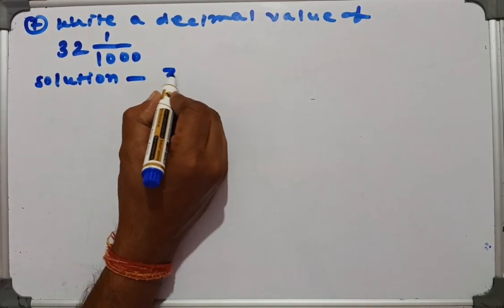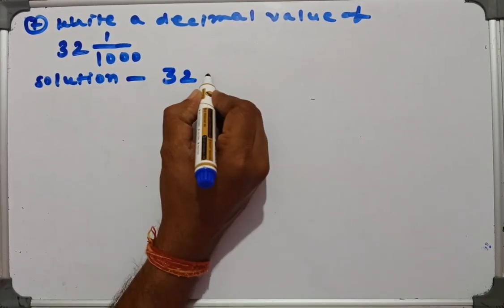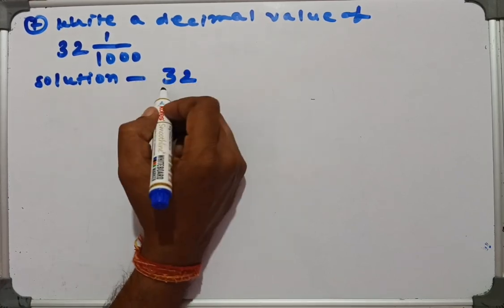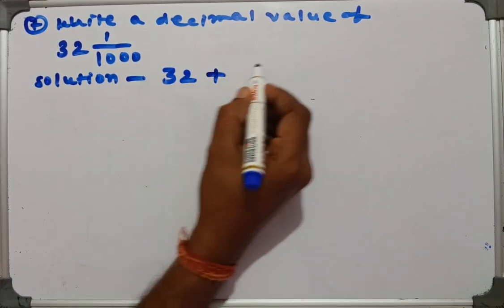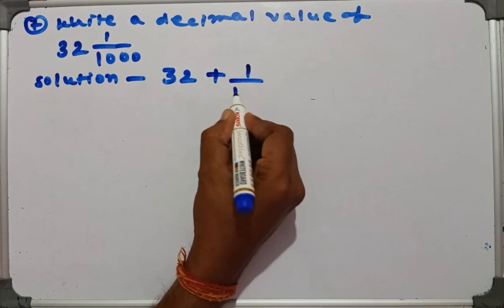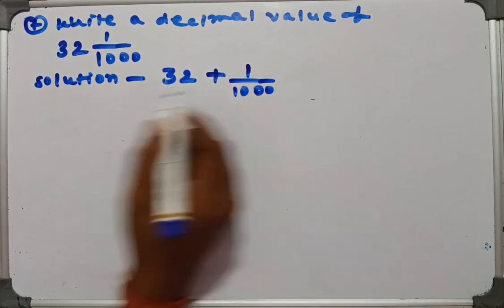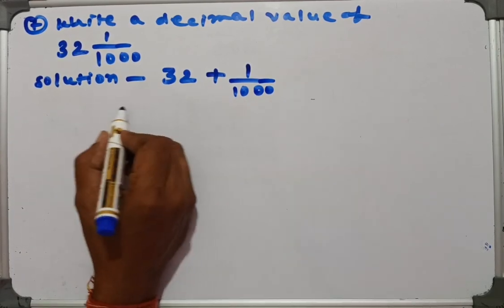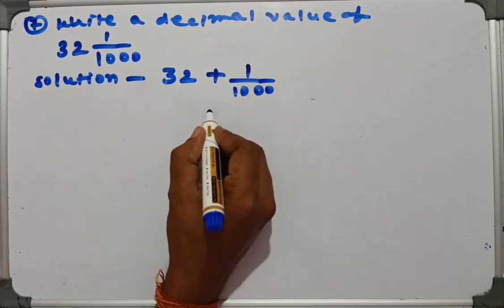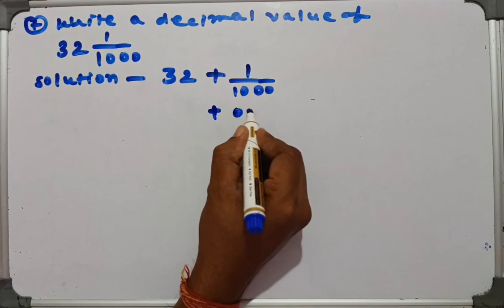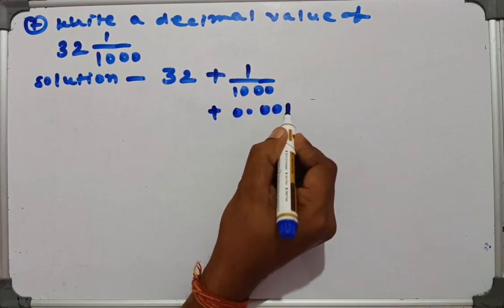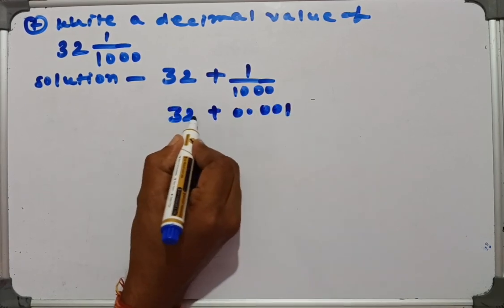We will make it two parts, one whole number, other is a fractional part. So you guys know 1 by 1000 is equal to 0.001, and this is 32.